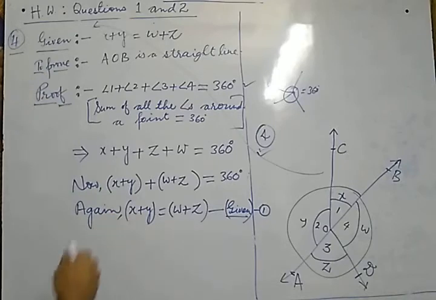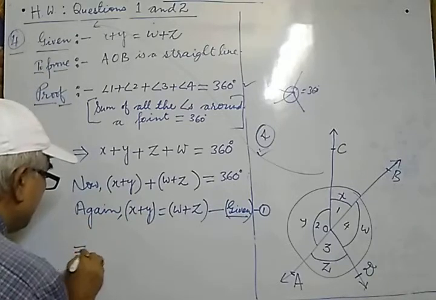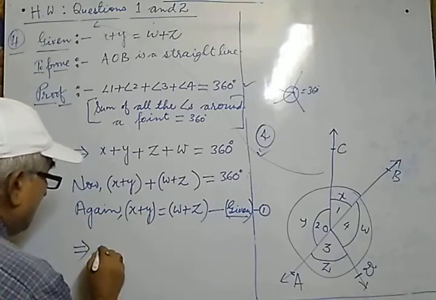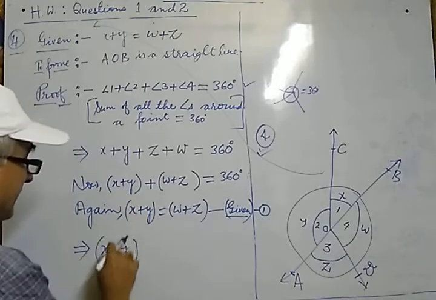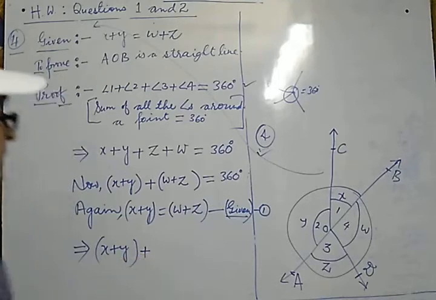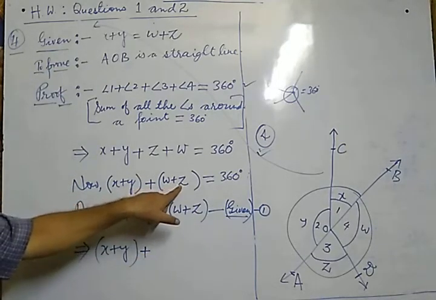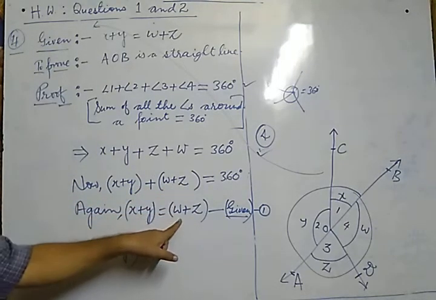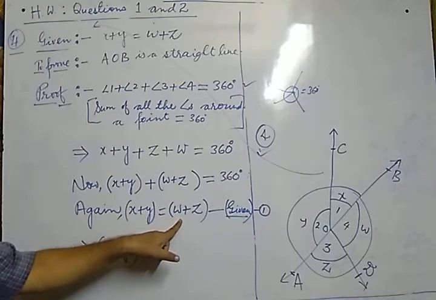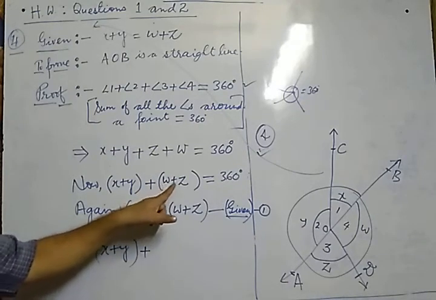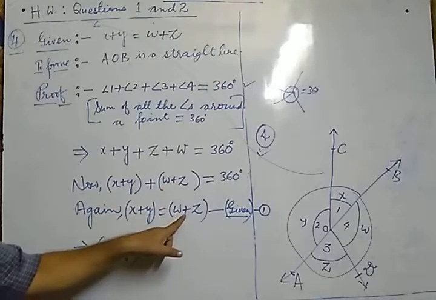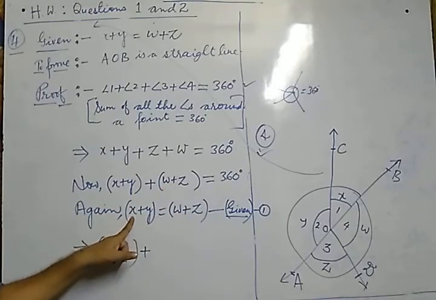So this implies x plus y in the first bracket, plus the second bracket, w plus z, and our relation gives w plus z in the form of x plus y. So in the place of this w plus z, we can note down x plus y.